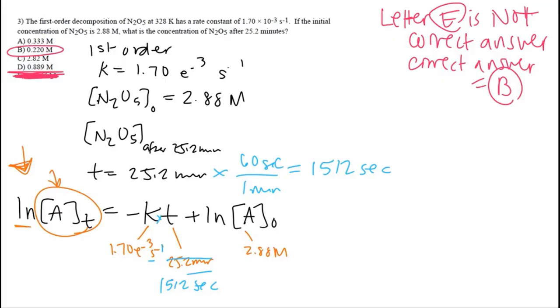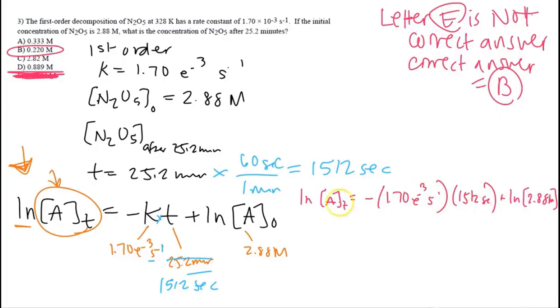Boom. And so I'm going to have my natural log of AT is equal to minus 1.7 e to the negative 3 seconds to the minus 1 times 1512 seconds plus natural log of 2.88 molar. All right. You go ahead and you do the math for all of these, right? So I'm going to multiply these first.